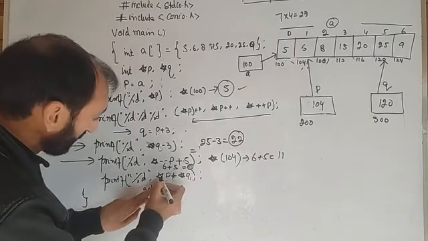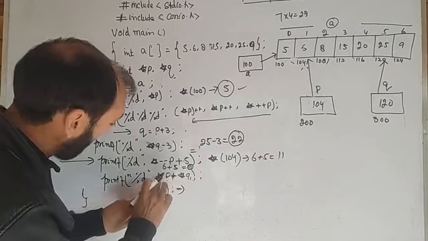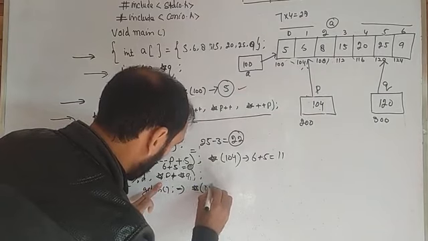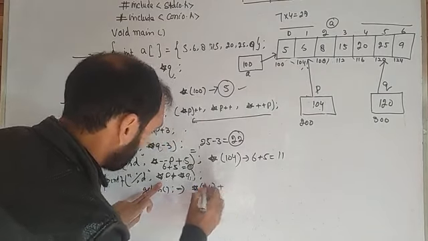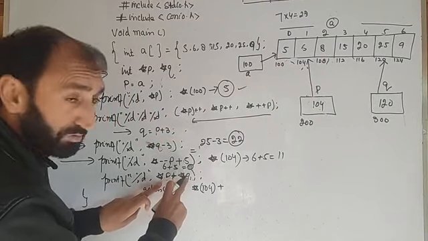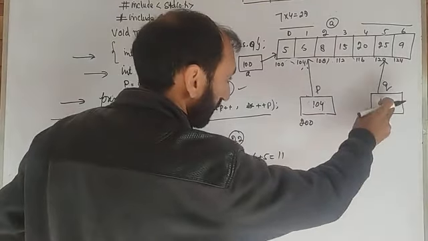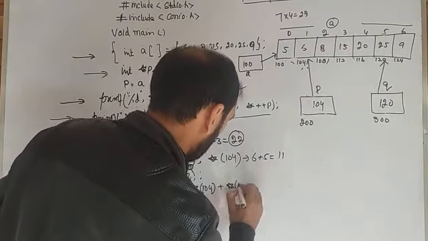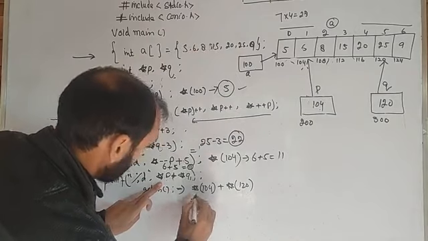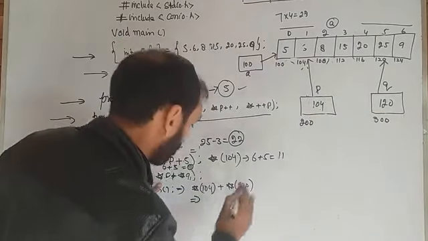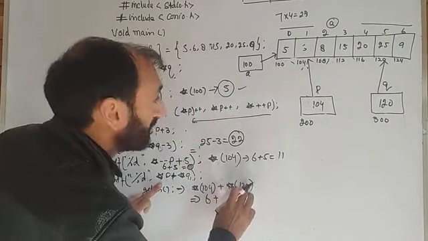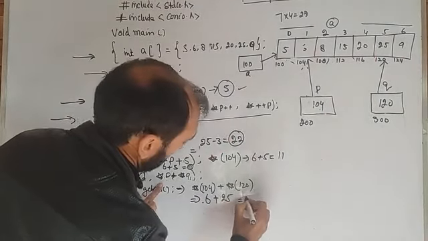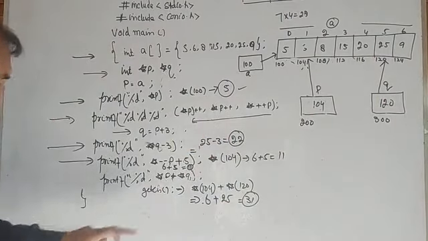So first, star p means value at p. What is p? p is 104. This will be 104 plus asterisk q. q is 102, that is the value at 102. The value at 104 is 6 plus the value at 102 is 25. 6 plus 25 equal to 31.